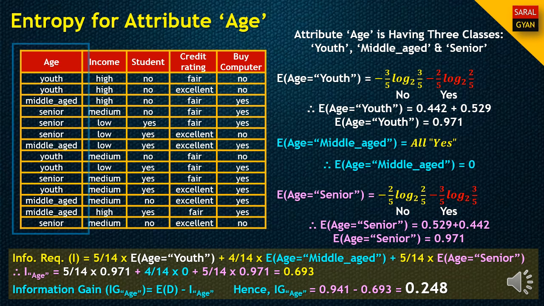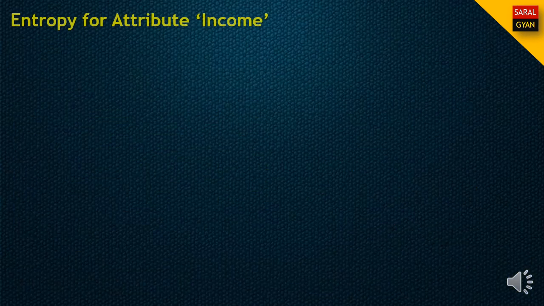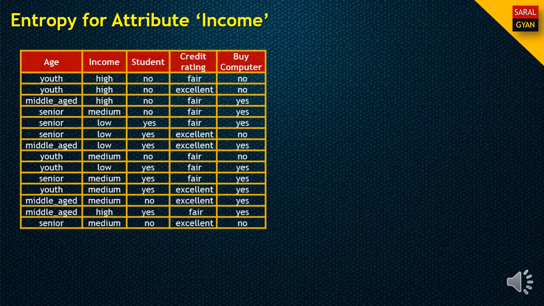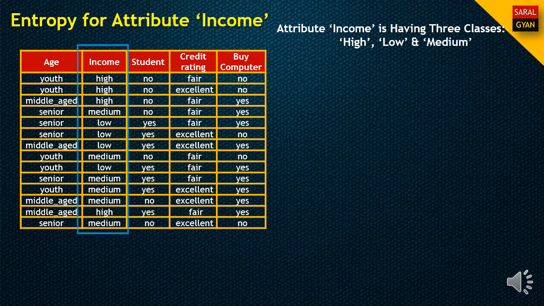Similarly, we will calculate the information gain for all the attributes. Let's see. So now in the same way we can calculate the entropy for the attribute income. It also has 3 classes: high, low and medium.